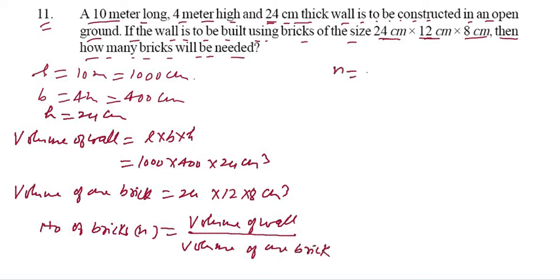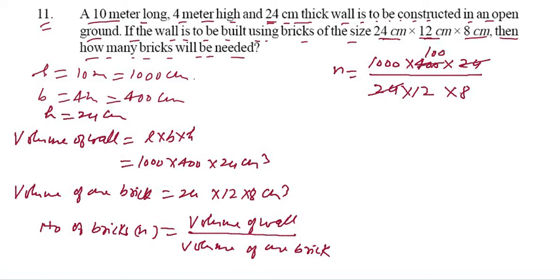Now N is equal to how much? It is 1000 into 400 into 24, divided by 24 into 12 into 8. Now 24 cancels with 24, and the 400 remains here, and 4 twos are 8. Now once again 2 fives are 10, and now here is 12.